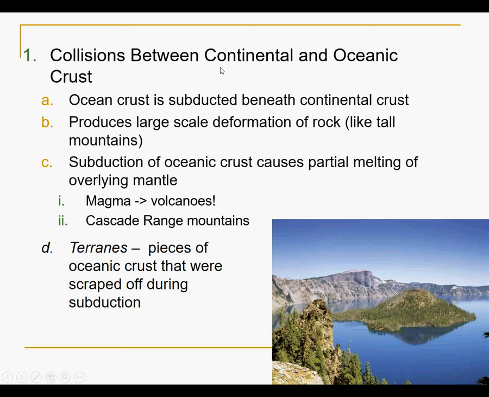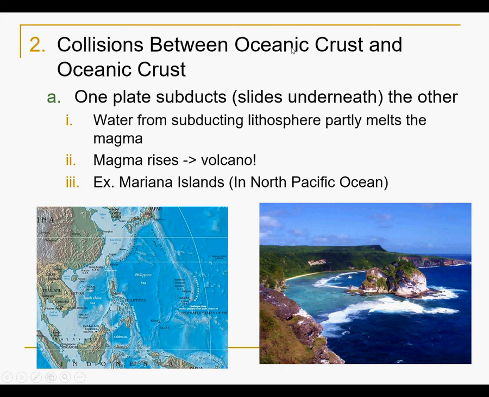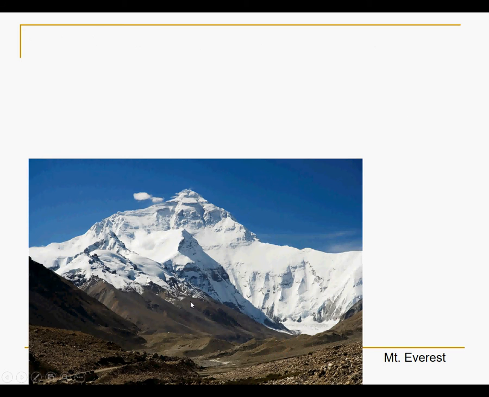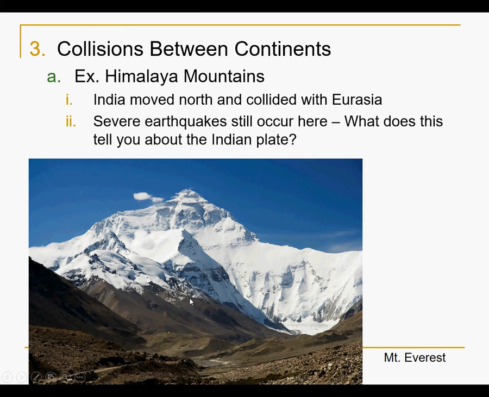If we have a collision between oceanic and oceanic, then definitely one is going to subduct under the other. And what do we get? We get volcanoes. So we see these areas in the middle of the ocean. If we see crust and crust, so India or the Himalayas are formed by India colliding into Asia or Eurasia.